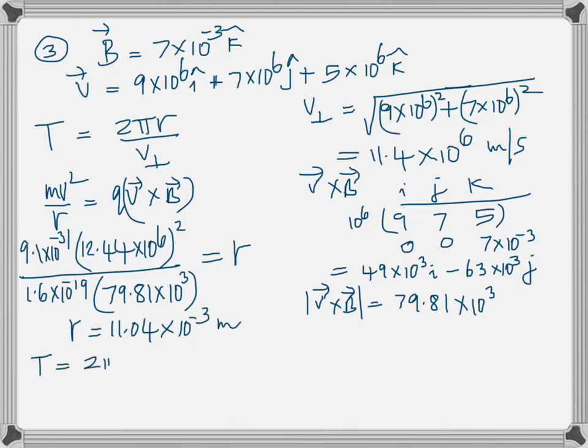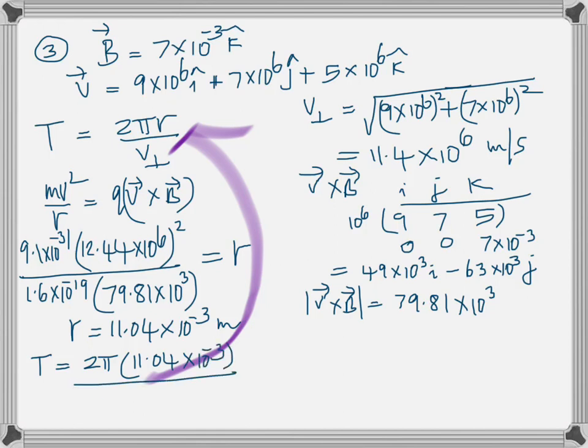Once I get the radius, I can put that radius back into this equation and find the time period. So 2 pi r by the perpendicular component. And I got this as the time period.